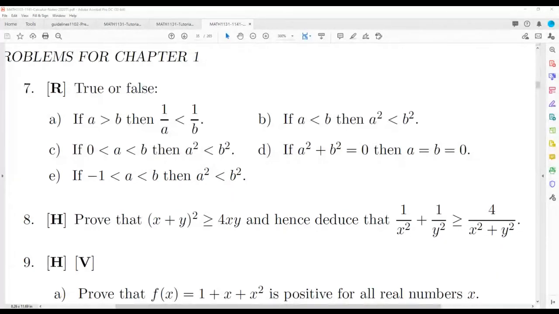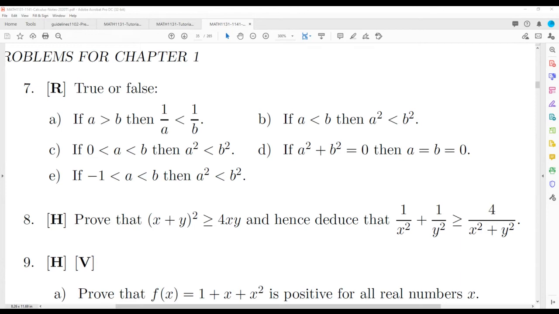Okay, so these are quite fun questions because they're asking you whether they're true or false. And if it's true, then I guess you probably should know why it's true, or you should have some understanding of how to justify it. And if it's false, then the idea is to give some sort of counterexample or an example where it doesn't work.